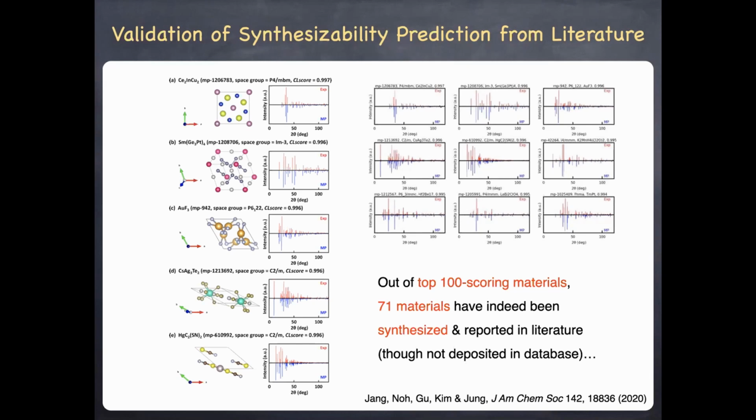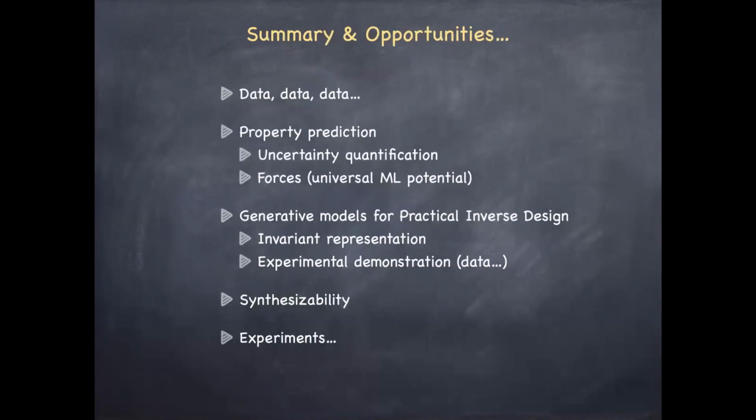And we find that actually 71 out of the 100 top scoring materials have indeed been synthesized and reported in literature, though not deposited in the database. So this is a good validation of our model. And you can see that our structure and literature structure are almost one-to-one mapped identical.